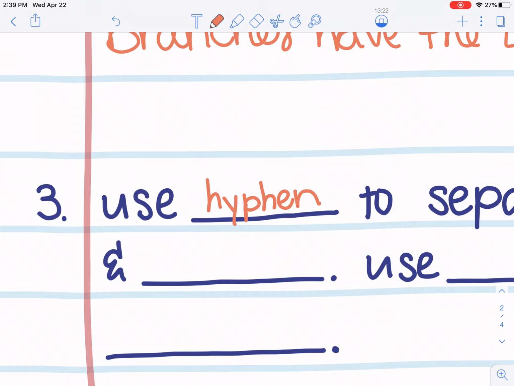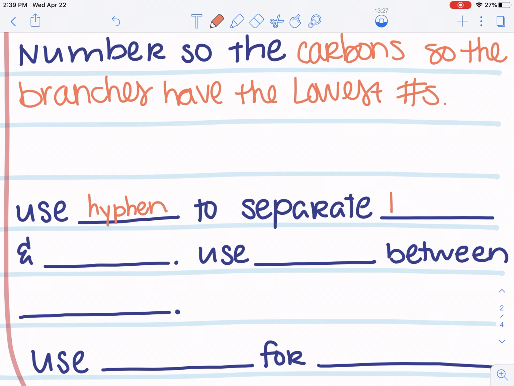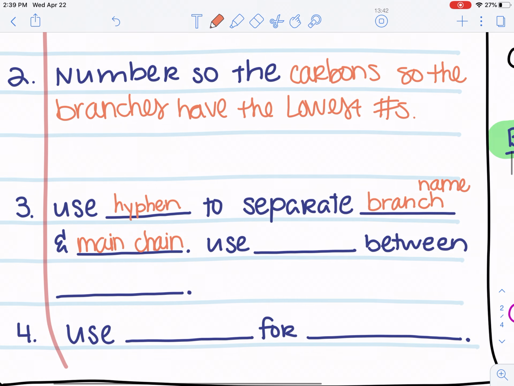I know there is one, but anyway, dash or hyphen to separate the branch name and the main chain. I'm then going to use a hyphen to separate... no, that is not okay. Sorry guys.